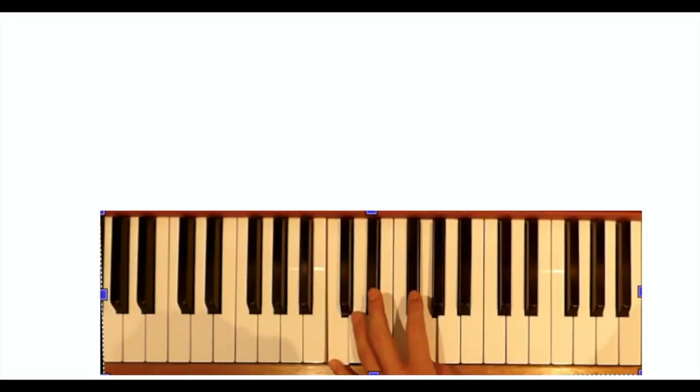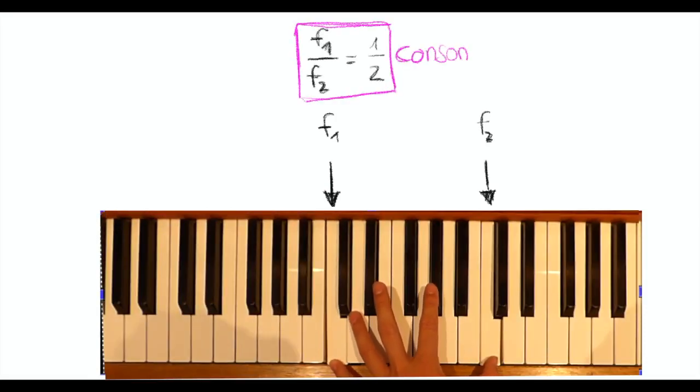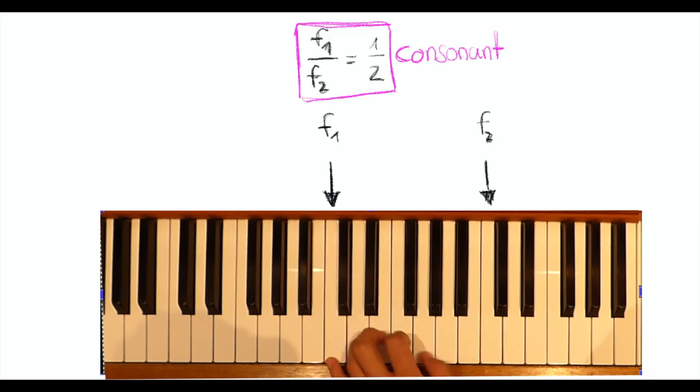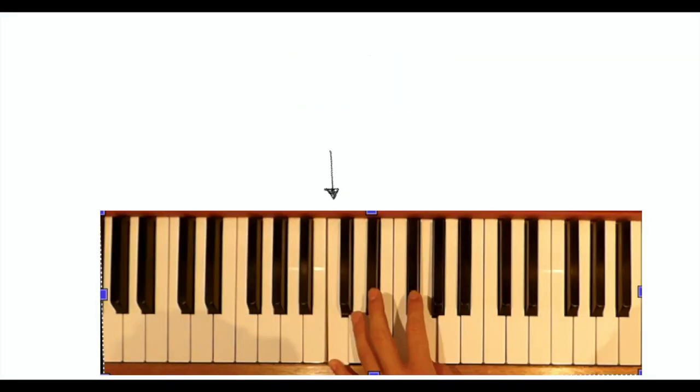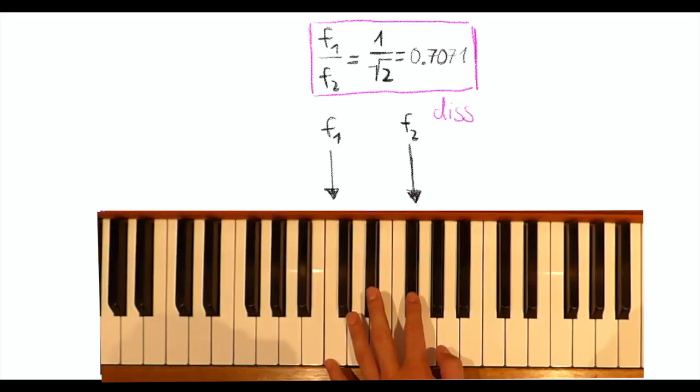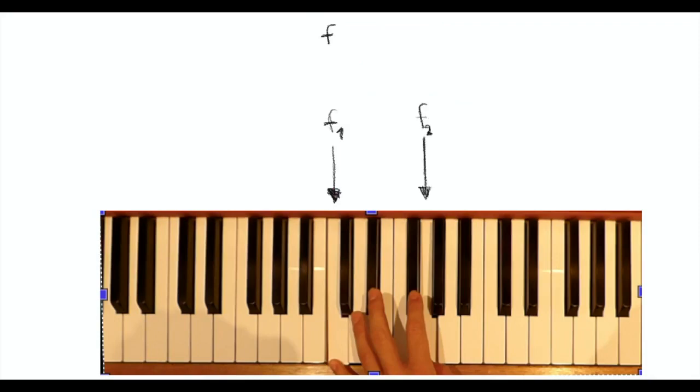In music, frequency ratios like 1/2 or an octave should sound consonant or good to our ears. Frequency ratios, which are only badly approximable by rational numbers, should sound dissonant, like 1 divided by square root of 2. Also, a frequency ratio of 3/4 sounds consonant.